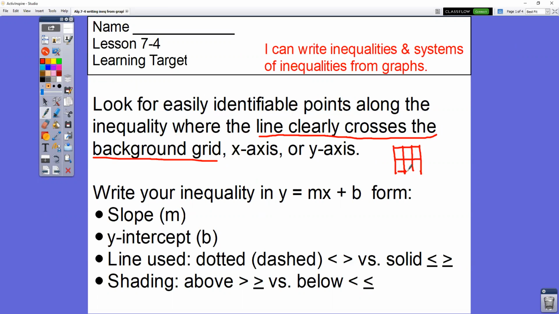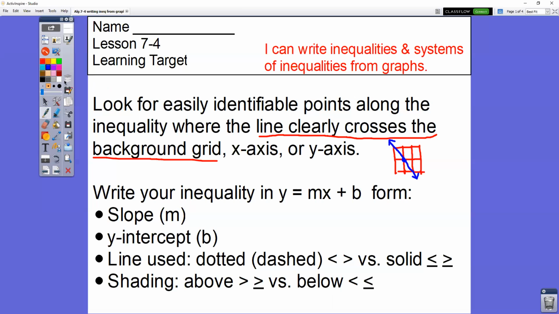Let's pretend that this is part of our background grid. We are looking for where the line goes through points like this, because I can easily tell where that point is. Like if I had a line going like this, I can easily tell that this is a point on the line. I'll be able to tell what numbers that's at.